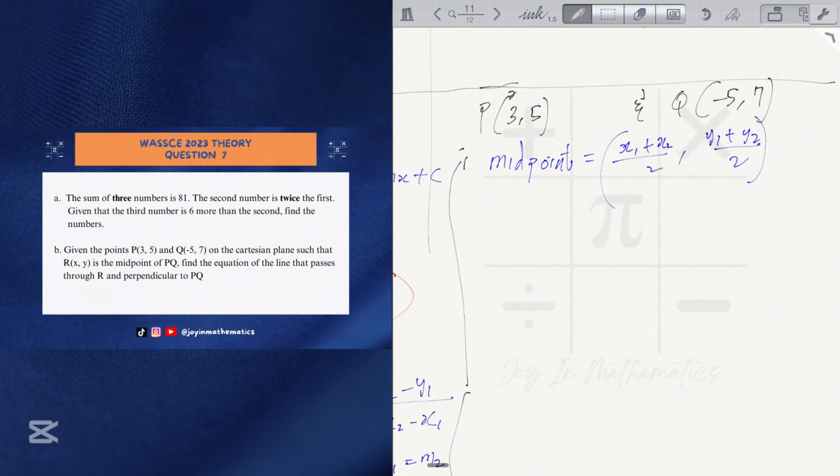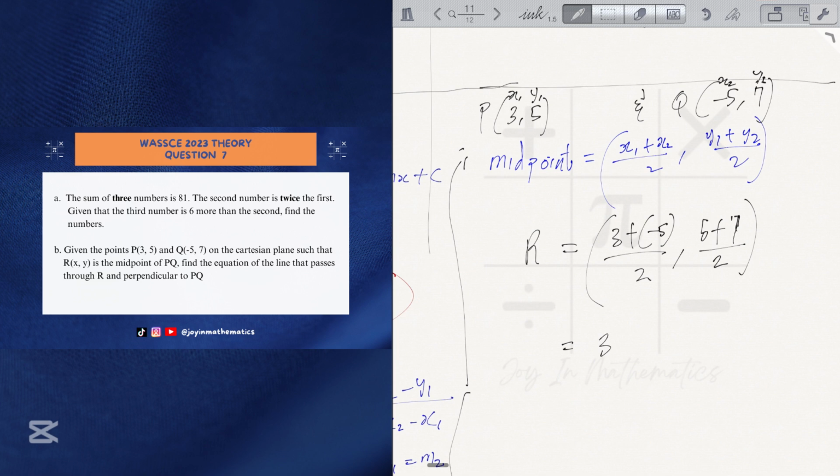So we can say this is x1, this is y1, this is x2, and this is y2. So let's substitute and find the midpoint R. The midpoint R now will be x1, 3, plus x2, minus 5, divided by 2. Y1 is 5, plus y2, 7, divided by 2.